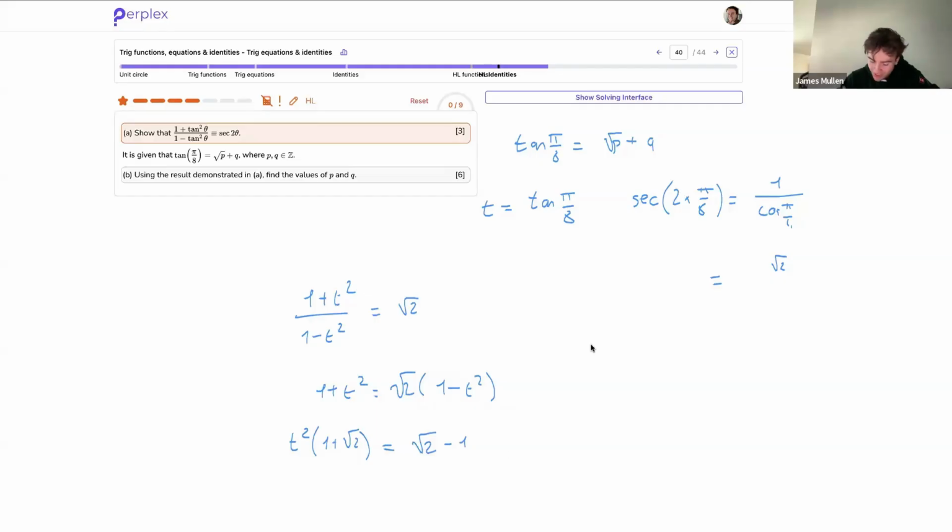All right, so if I divide both sides by 1 plus root 2, I get t squared is equal to root 2 minus 1 over 1 plus root 2. Let's rationalize the denominator by multiplying by 1 minus root 2 over 1 minus root 2. And that's going to give me root 2 minus 2 minus 1 plus root 2. All right.